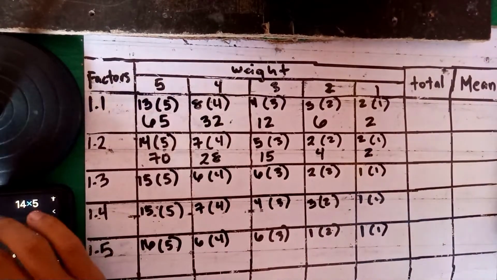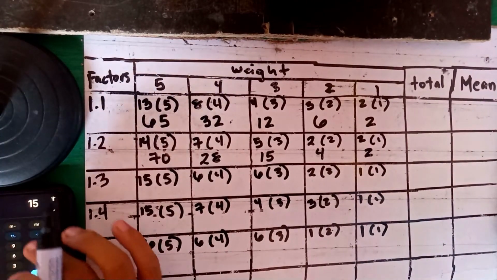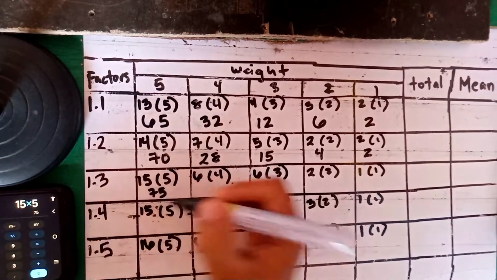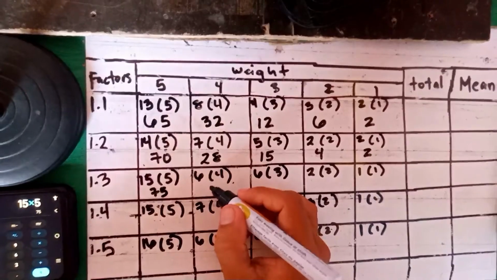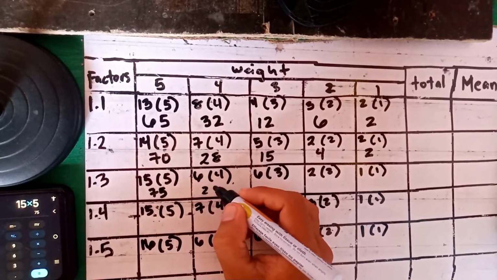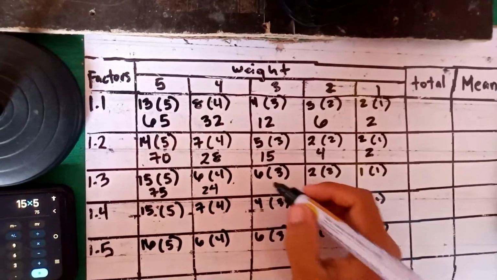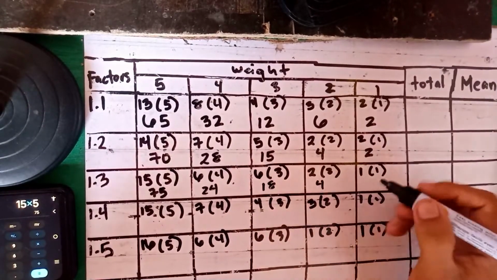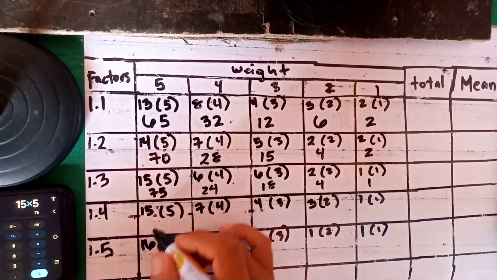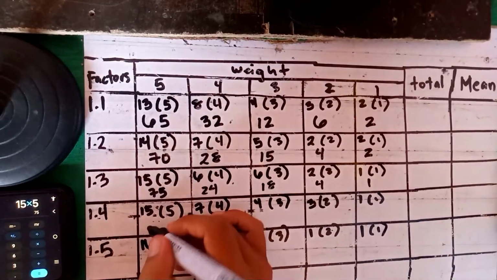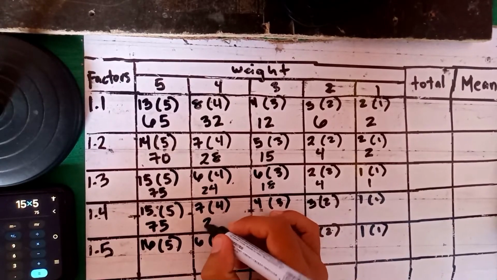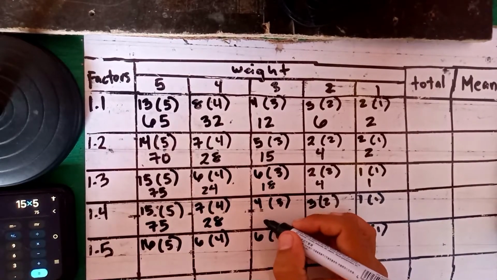We have 15 times 5. That would be 75. We have also 6 times 4, that would be 24. 6 times 3 would be 18. 2 times 2 would be 4. 1 times 1 would be 1. And then 15 times 5 would be 75. 7 times 4 is 28. 4 times 3 is 12.